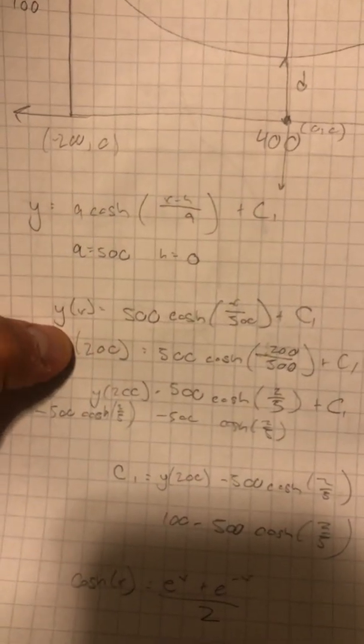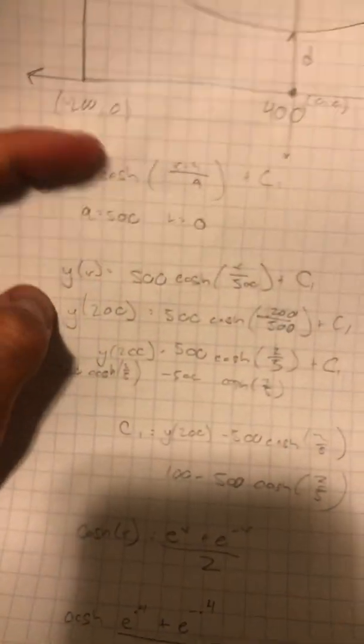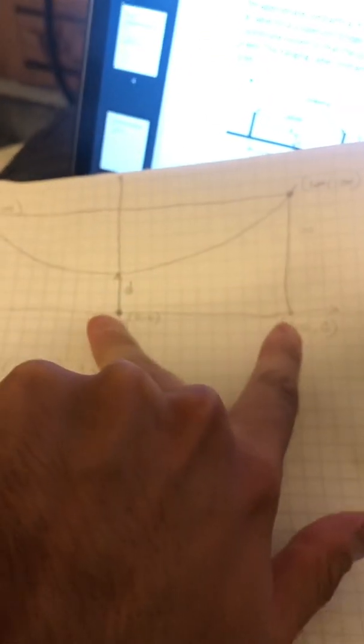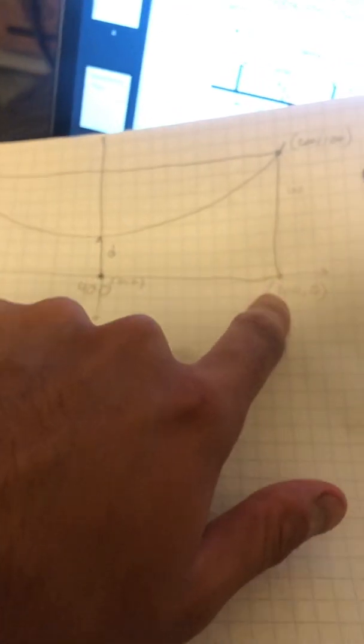Then we set a equal to 500 there. And then y of 200, we got from the distance between the two towers. It's just going to be in between these two, so it's just going to be 400 divided by 2.